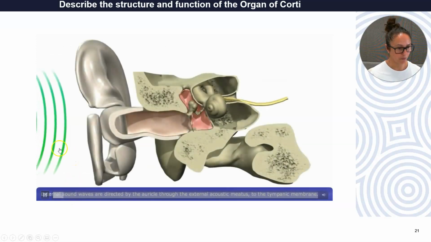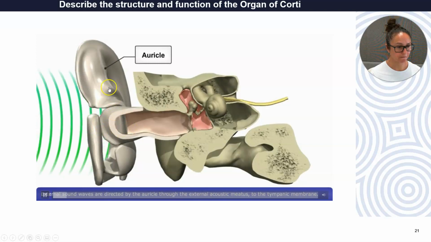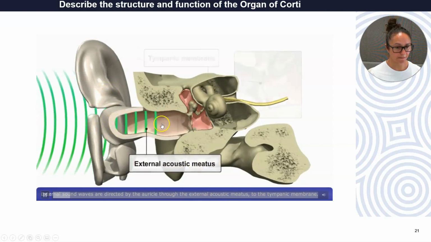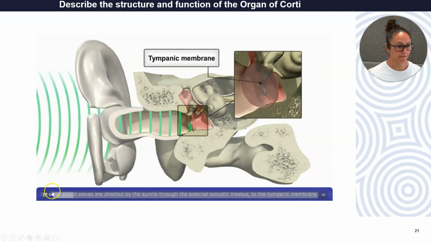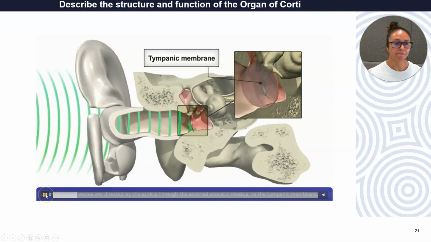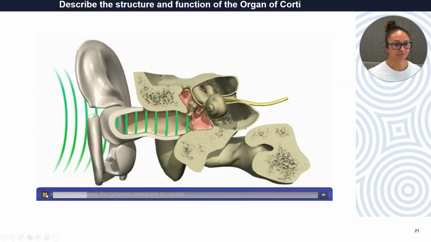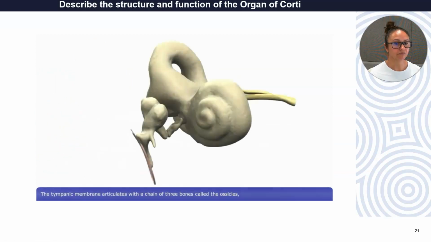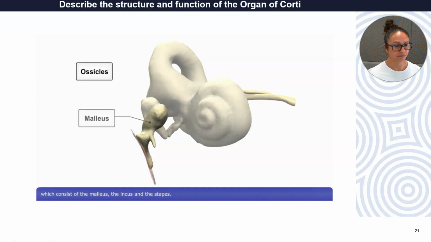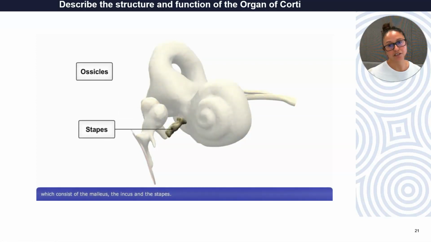External sound waves are directed by the auricle through the external acoustic meatus to the tympanic membrane. The sound waves cause the tympanic membrane to vibrate. The tympanic membrane articulates with a chain of 3 bones called the ossicles, which consist of the malleus, the incus, and the stapes. We saw those 3 bones.